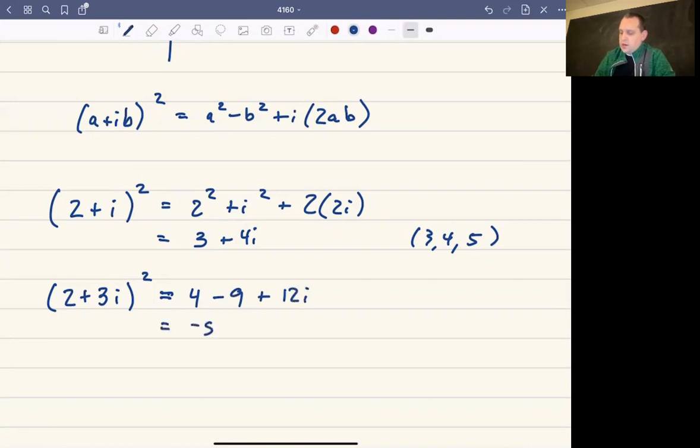And so this leaves us with minus 5 plus 12i. And so you have a Pythagorean triple, 5, 12, 13. There's another Pythagorean triple. If you're interested in just the positive versions, you have to take absolute values of the real and the imaginary part. And of course, there's some symmetries as well.